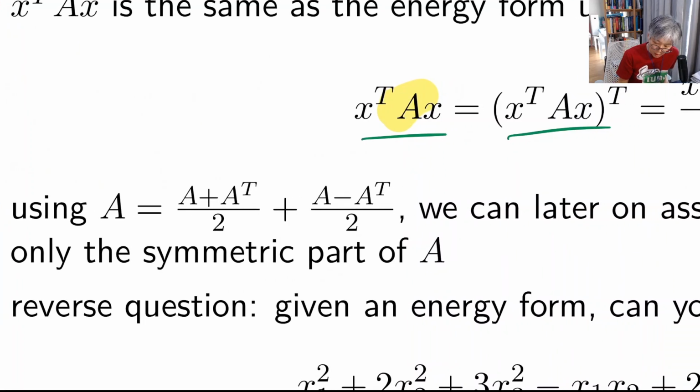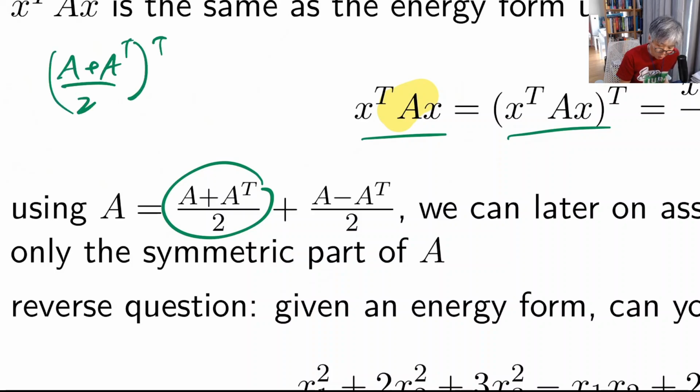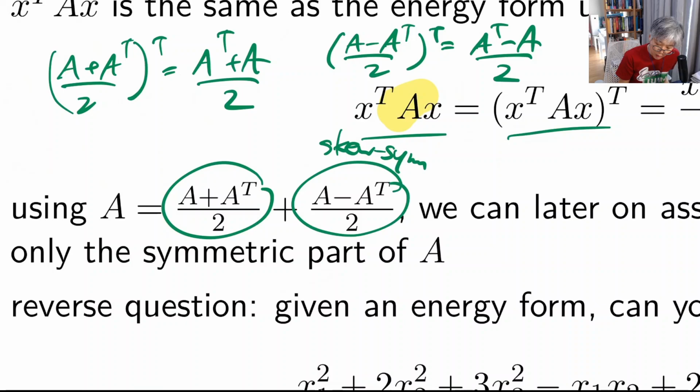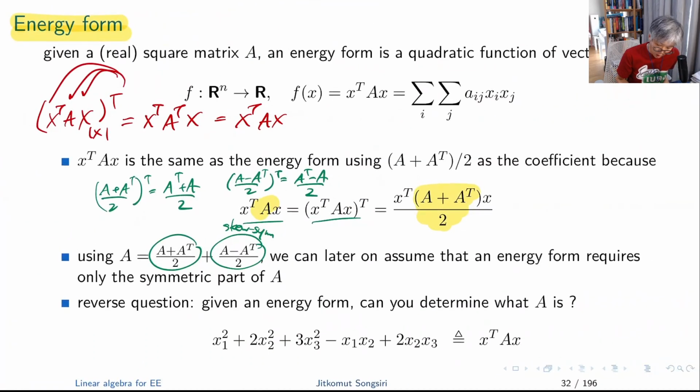However, this part has a very meaningful interpretation because it is always symmetric, equal to itself, whereas this part is skew symmetric, because the transpose of A minus A transpose half gives A transpose minus A half. Skew symmetric means when you transpose that thing, it equals the negative of that thing. In short, any square matrix can be decomposed into a symmetric part and a skew symmetric part.